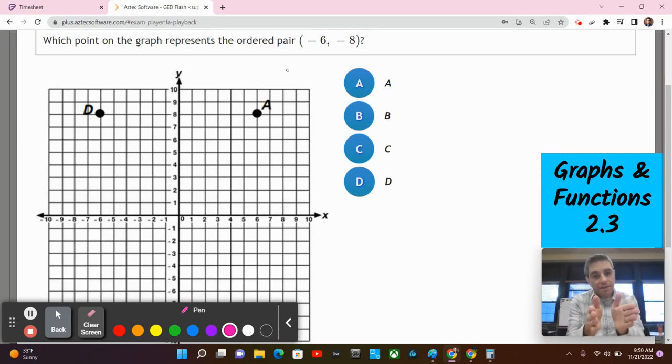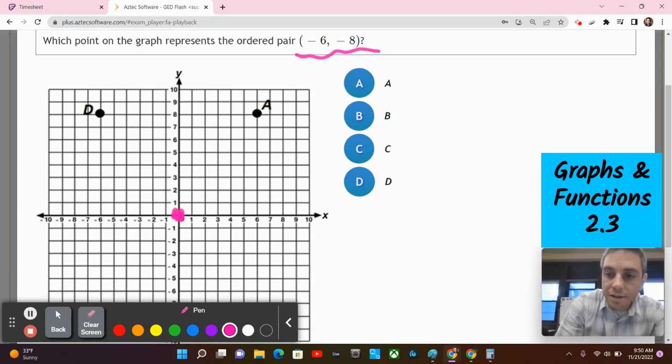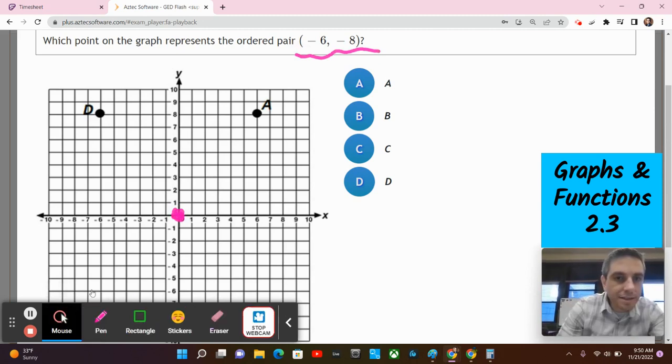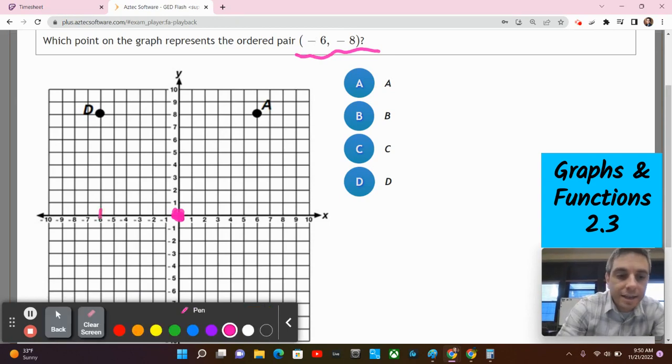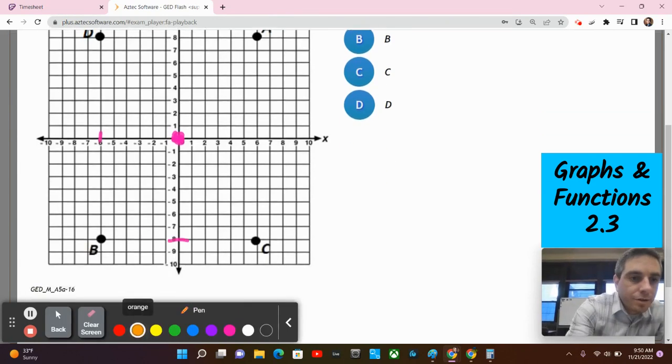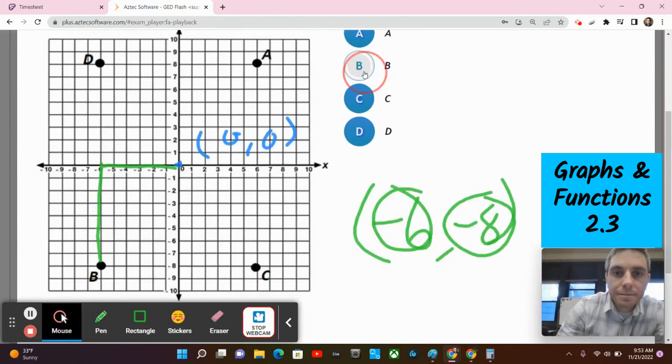Now, on the graph itself, we want to start at the location where the x-axis and y-axis meet, called the origin, and then use these numbers provided to get to our answer. So that means we need to go negative 6 for the x and then negative 8 for our y number. And wherever those two things meet up is the answer, which is answer B here.